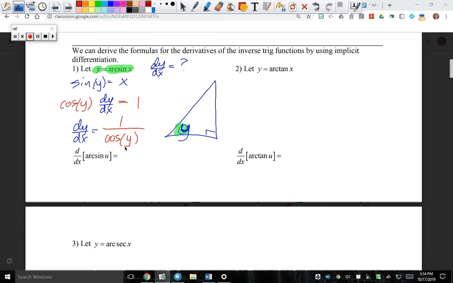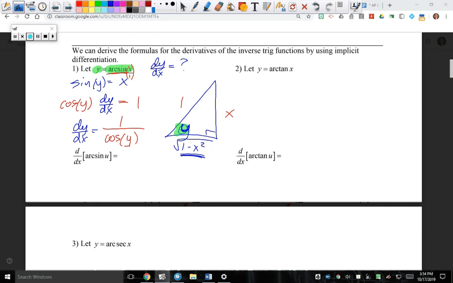So, here we go. Arc sine of theta. Said sine is opposite over hypotenuse. X over an understood 1. What is the missing piece here, using Pythagorean theorem? 1 minus x squared, square rooted.